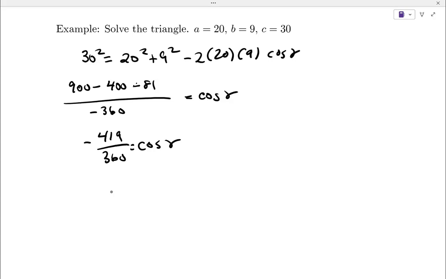Well, if I take A and add it to B, we get 29. The third side's longer. You cannot have the third side of a triangle be longer than the sum of the other two sides. Think about it. What's the shortest distance between 2 points? Well, the shortest distance between 2 points is always a straight line, right?